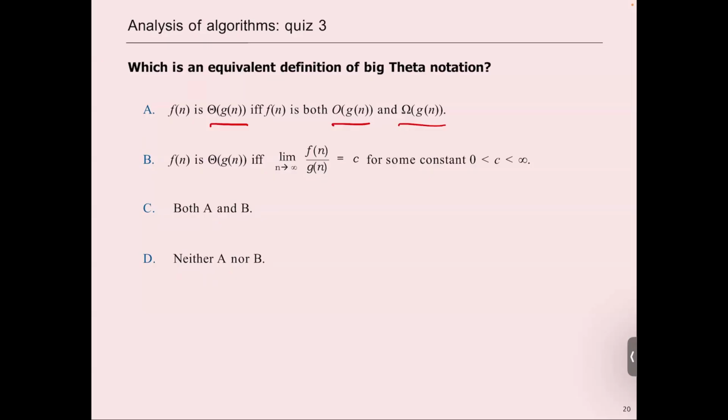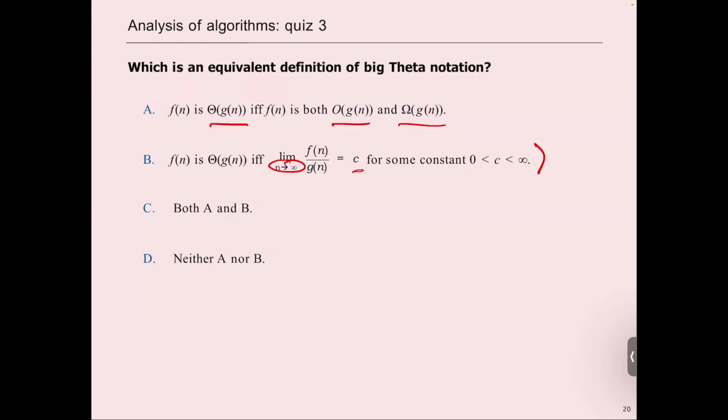The second interpretation uses limits, and we're going to see this on the next slide. If you weren't entirely sure about this one, that's okay. We'll see this shortly and get some intuition behind why it's true. What it's saying is that as n goes to infinity, f of n divided by g of n is equal to c, some constant strictly between 0 and infinity.